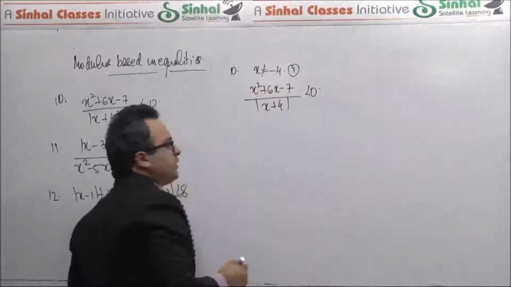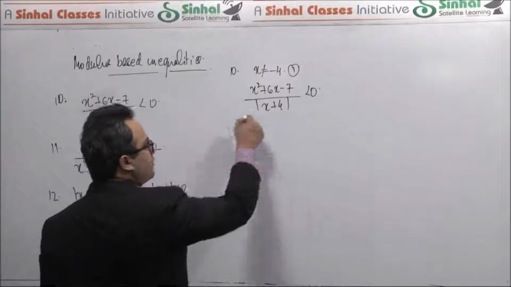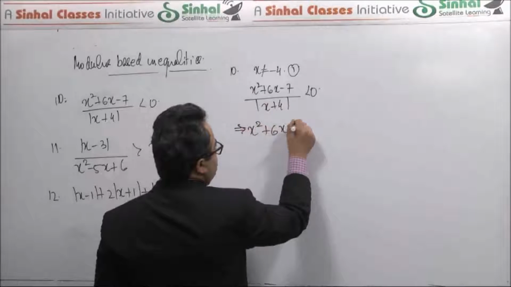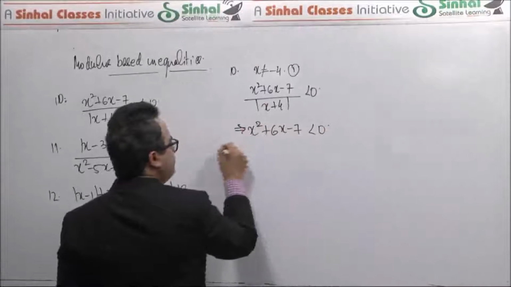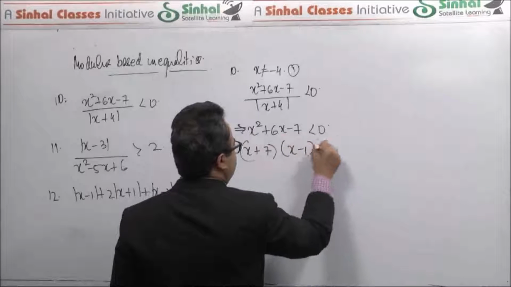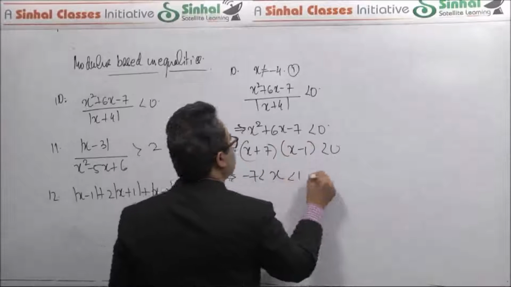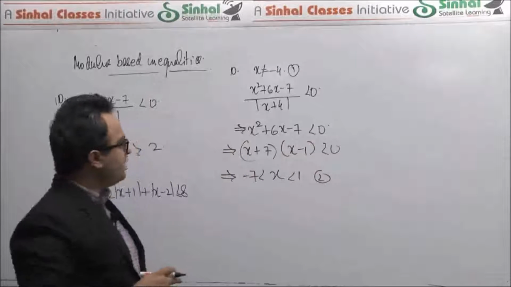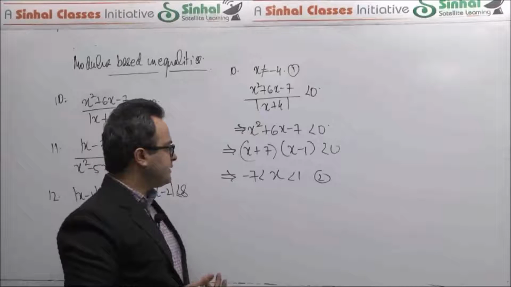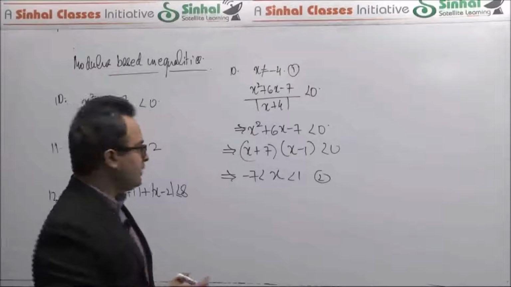And since, as long as x is not equal to -4, mod of x plus 4 will anyway always be positive, cross multiply by mod of x plus 4 on both sides. Quadratic inequality, factorized, wavy curve method. The answer is -7 to 1. But again, you have to take an intersection with 1, so x should not be equal to -4.